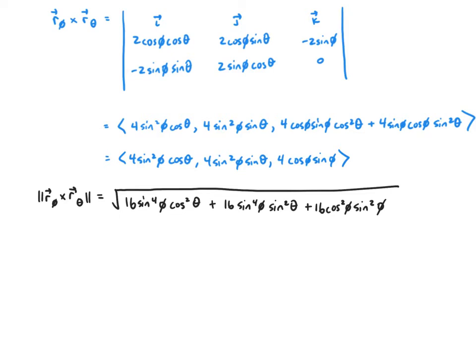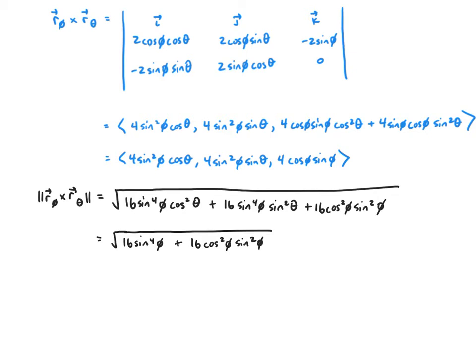So remember, when we look at the first two components here, they share a 16 sine to the 4th phi. If we factor that out, we get cosine squared theta plus sine squared theta, which is 1. So in other words, this could be simplified to 16 sine to the 4th phi, and then we have plus 16 cosine squared phi sine squared phi.